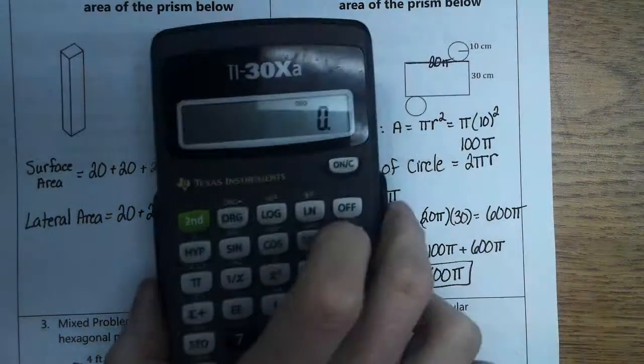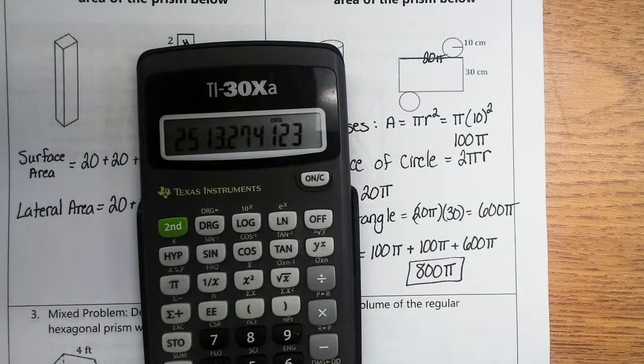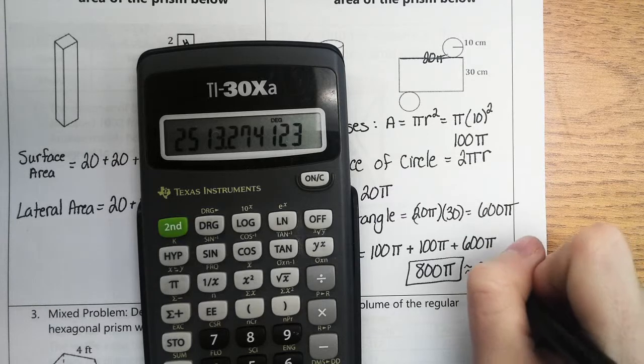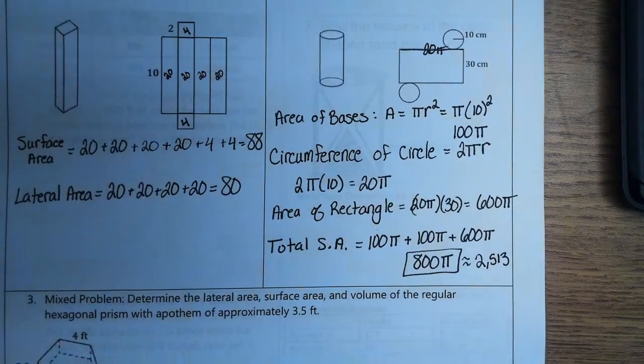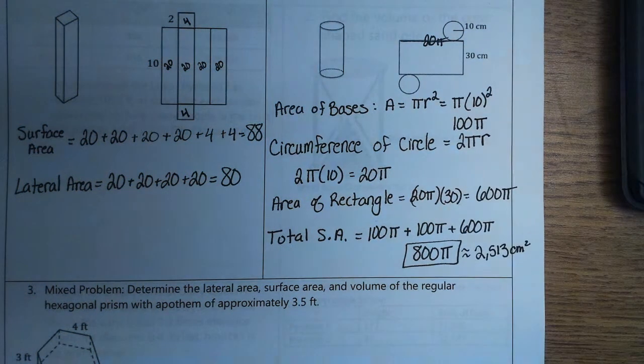Which, if I put that in the calculator, 800 times pi, that's going to be about 2,513 centimeters squared. That was a lot of work.